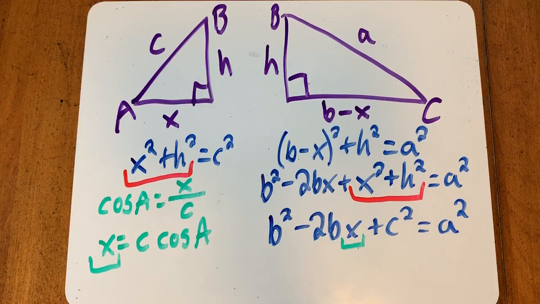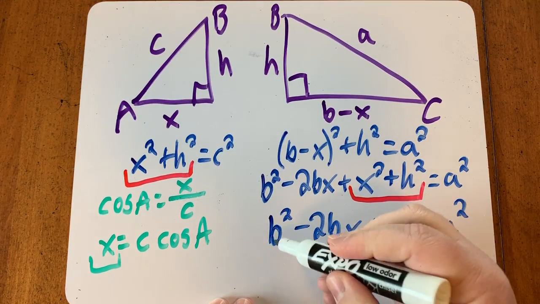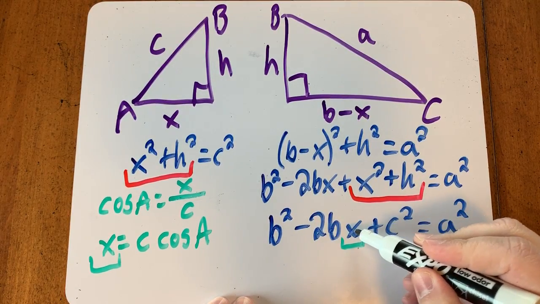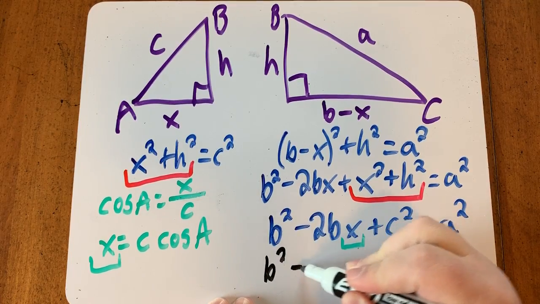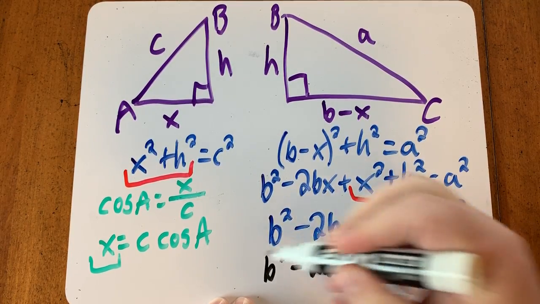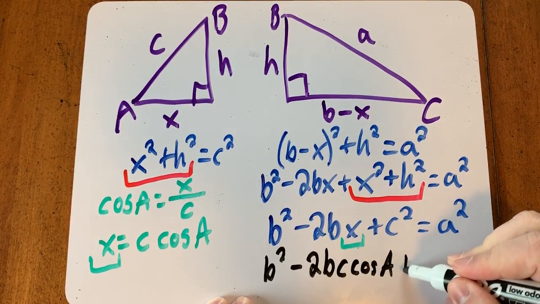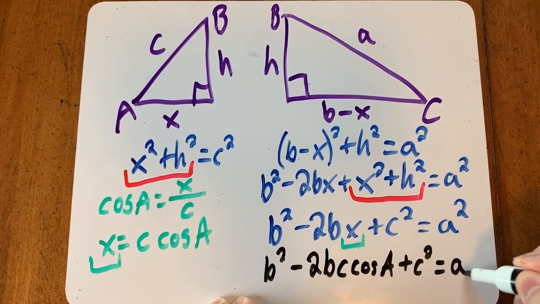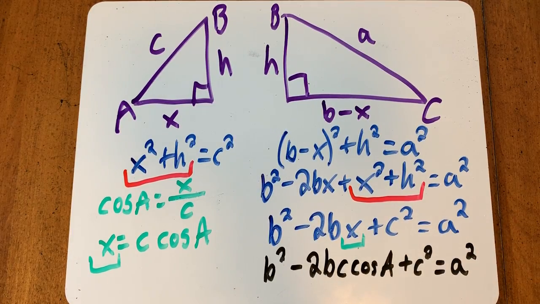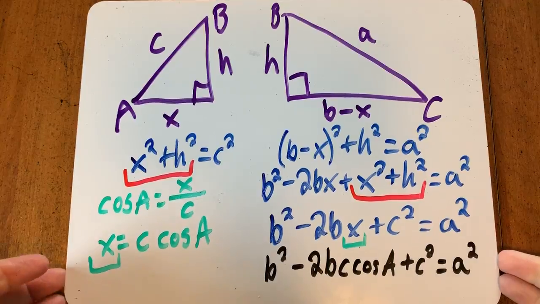So if we replace that, we're left with b squared minus 2b, but x is c cosine of A, so c cosine of A, plus c squared equals a squared. This is one form of our law of cosines. I'm going to reorganize it so it's a little bit easier to work with.